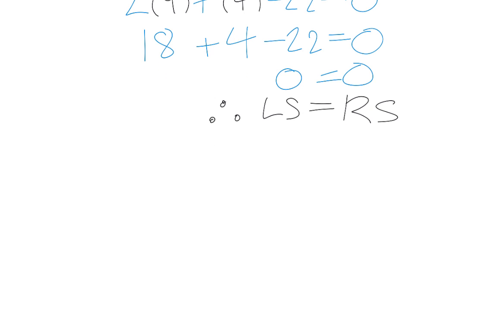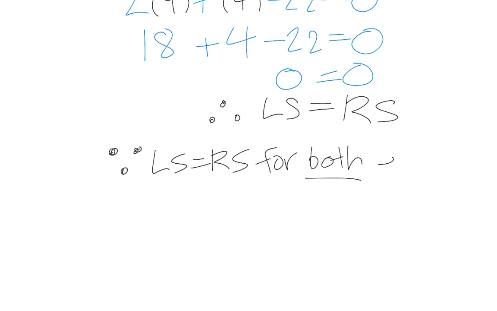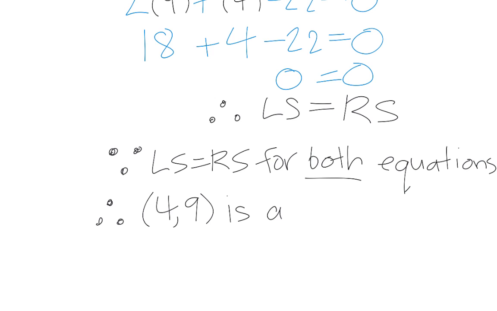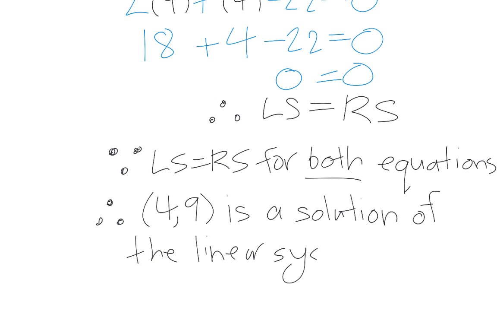I'm going to say, since left side equals right side for both equations, therefore (4, 9) is a solution of the linear system. Basically, that means (4, 9) is the point of intersection.